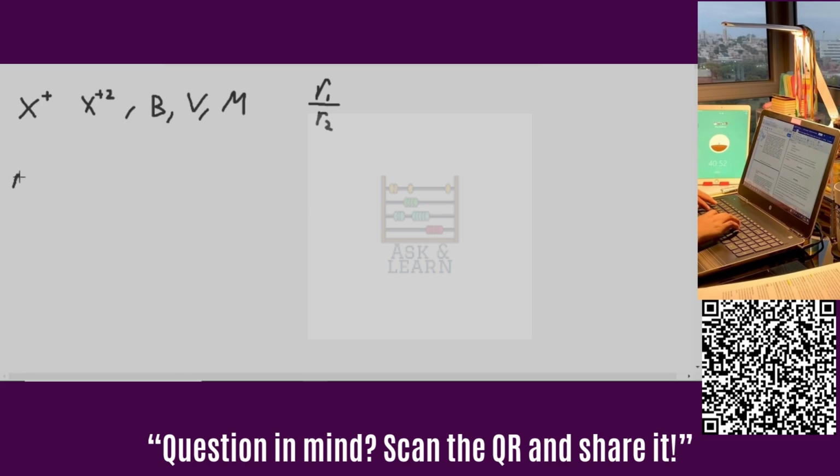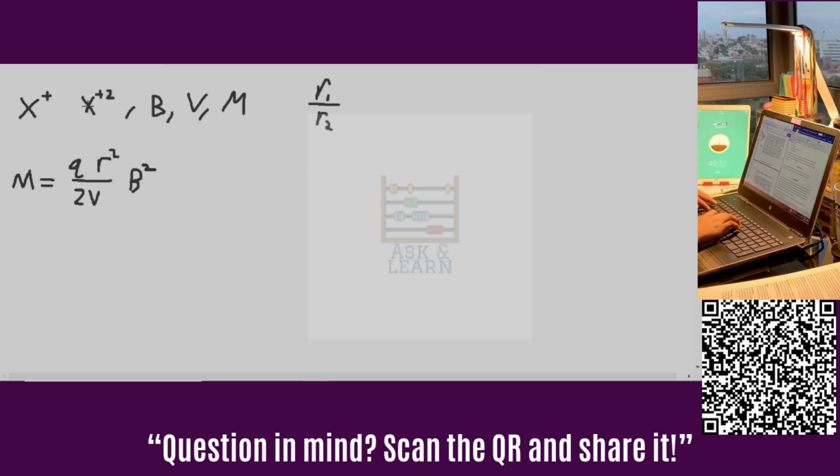For a spectrometer, the mass of the particle is equal to the charge times the radius squared divided by 2 times the voltage times the magnetic field squared. Okay, there's our equation. We have everything we need.